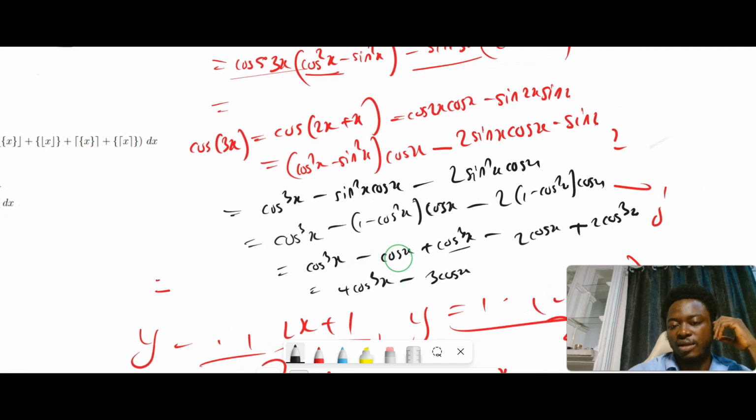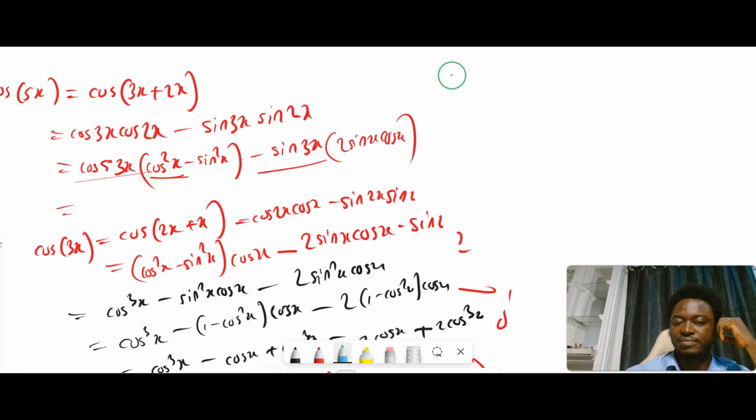What about sine of 3x? We should find the formula for sine of 3x.